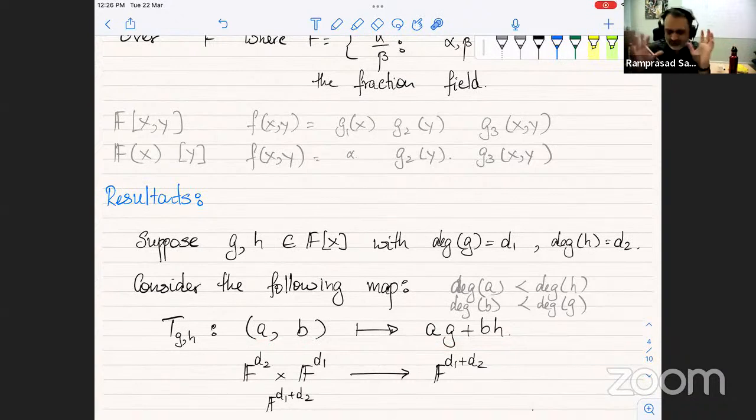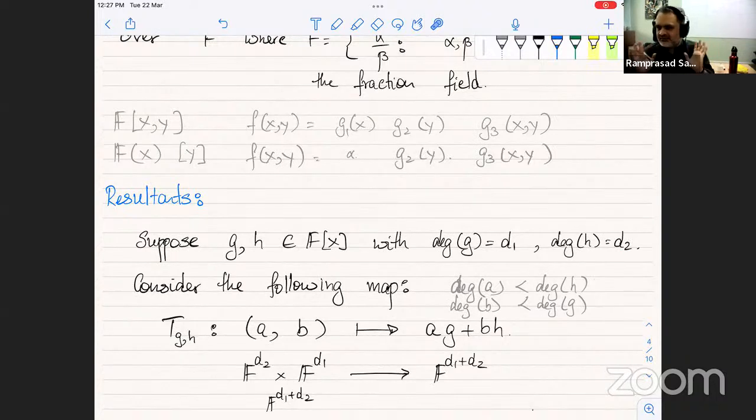One way to think about this is that it takes a vector of length d2, another vector of length d1, and spits out one vector of length d1 plus d2. Rather than think of them as two separate blocks, I'll think of them as one long vector of length d1 plus d2. The first d2 coordinates belong to a, the second d1 coordinates belong to b, and you do this map.